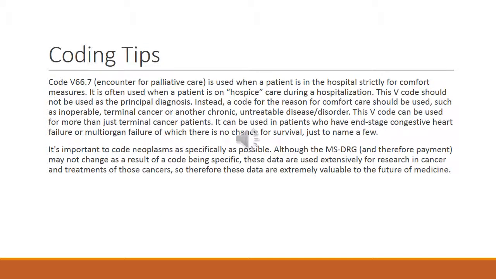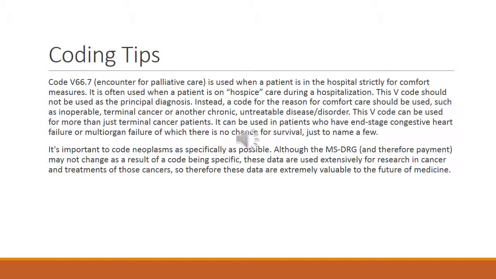Okay, code V66.7, which is encounter for palliative care, is used when a patient is in the hospital strictly for comfort measures. It's often used when a patient is on hospice care during a hospitalization. The V code should not be used as the principal diagnosis.